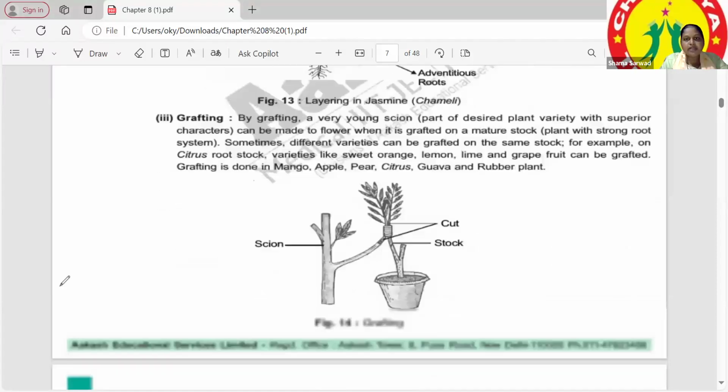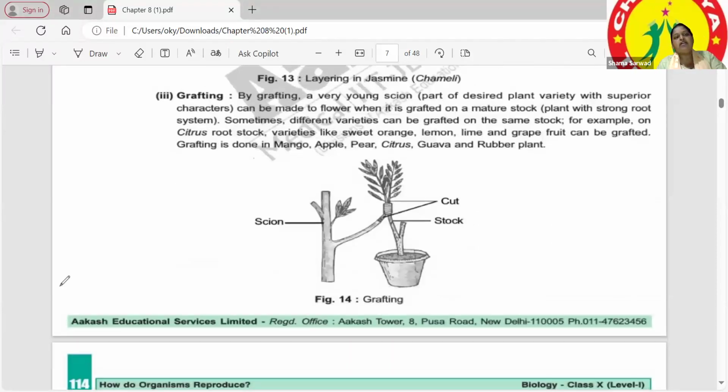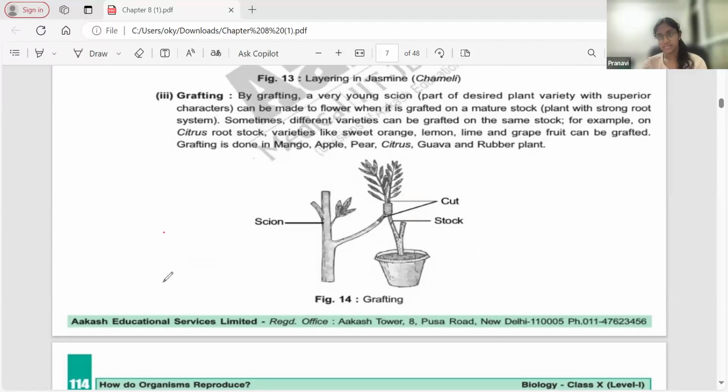So this is a well-known technique of artificial vegetative propagation. As I told you, it is the mixing of two different stems. Sometimes, if you want a rose plant of a different color, you do this. A very clear example: you might be habituated to having mangoes in mango season. Naturally, a mango plant takes almost 10 to 12 years to give mangoes.